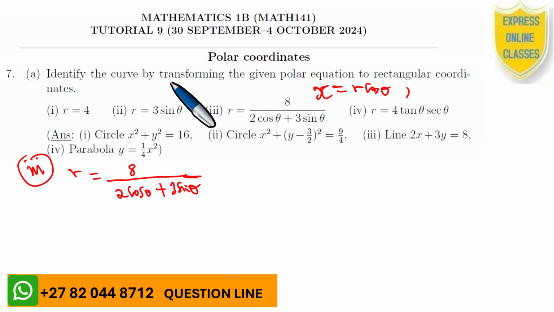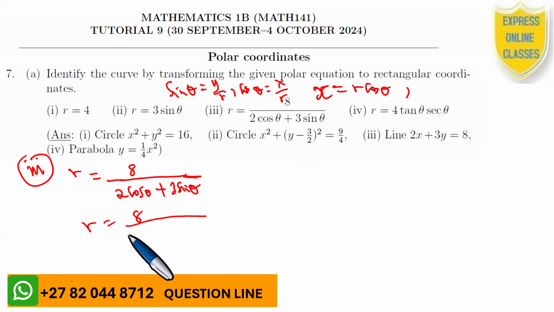Or you can say the sine of theta is y over r, cosine theta is x over r. So this one is x over r, y over r. That's what we have.